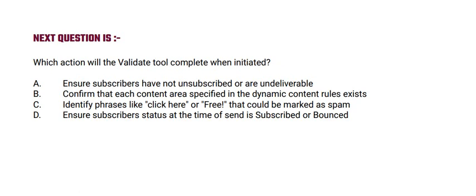Option C, identify phrases like click here or free that could be marked as spam. And option D, ensure subscriber's status at the time of send is subscribed or bounced. The correct option is option B.